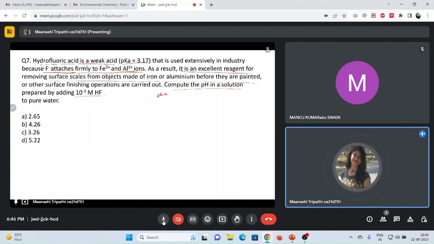We have the total concentration of the acid. We need to find out the total H, which will be H plus minus OH, which can be equal to HF naught.